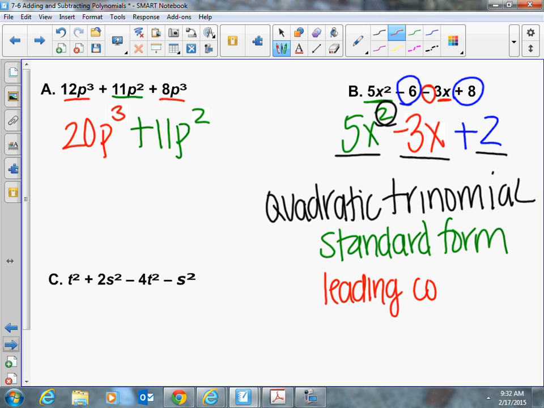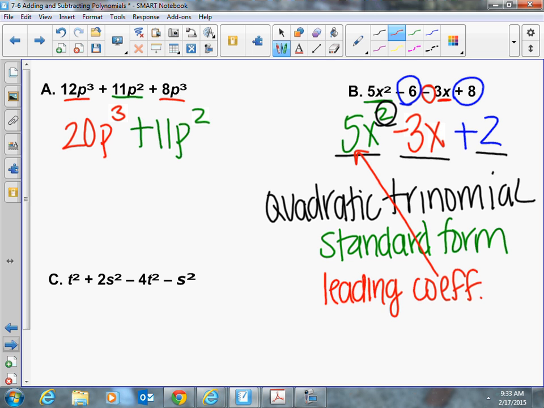We know what coefficient means. It's the number being multiplied by the variable. The leading coefficient is simply the coefficient that begins your polynomial when written in standard form. So in this trinomial, the leading coefficient is the 5. It's the coefficient of our largest exponent term. Okay, a lot of vocab words for you. We'll keep using those and you'll get better at them.